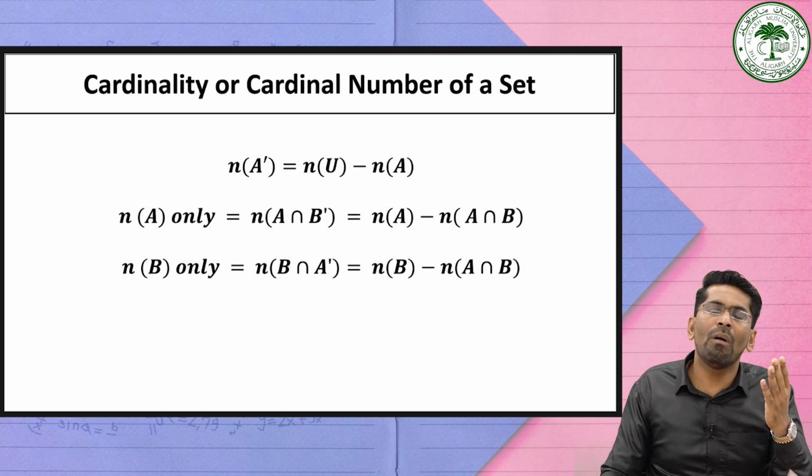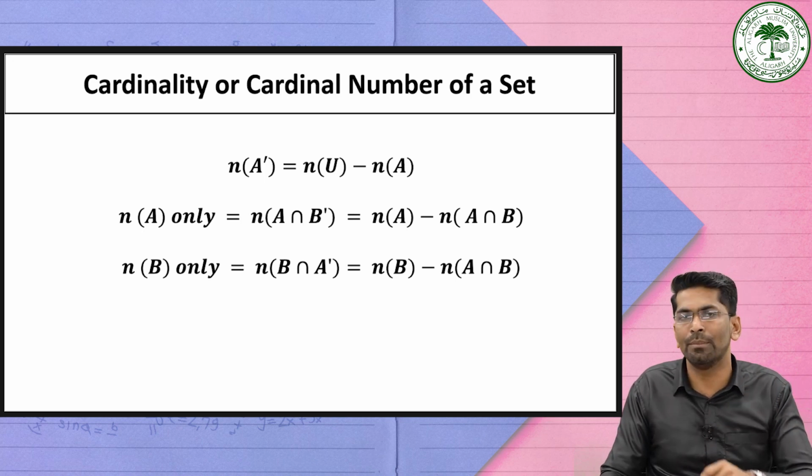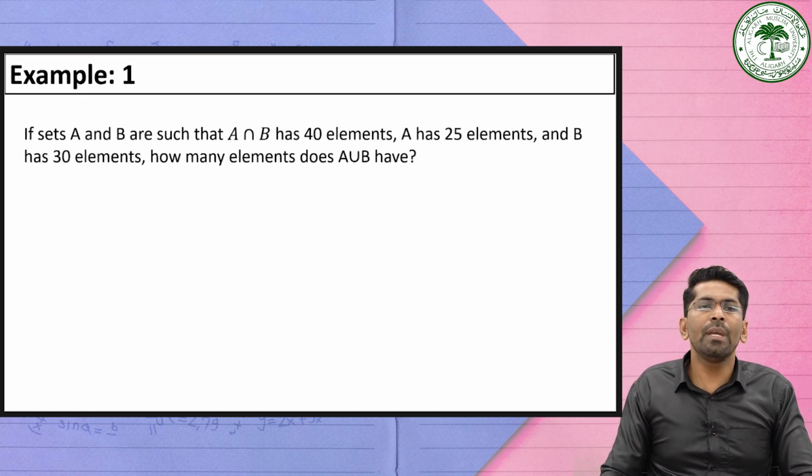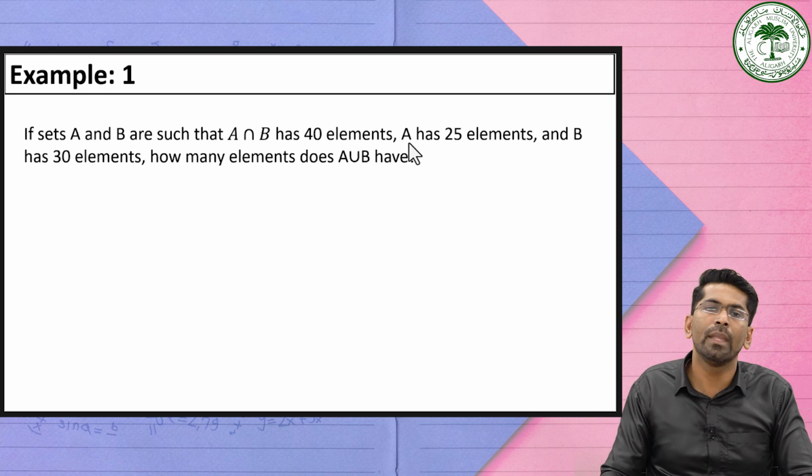Based upon all these formulas, we can solve a number of practical problems. Consider an example. We are given that sets A and B are such that A intersection B has 40 elements, A has 25 elements and B has 30 elements.